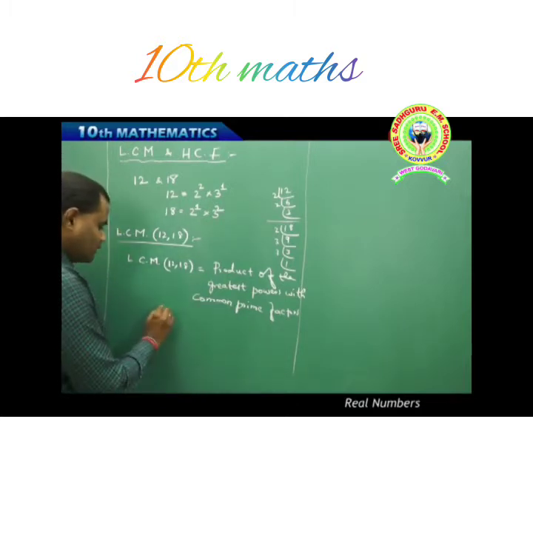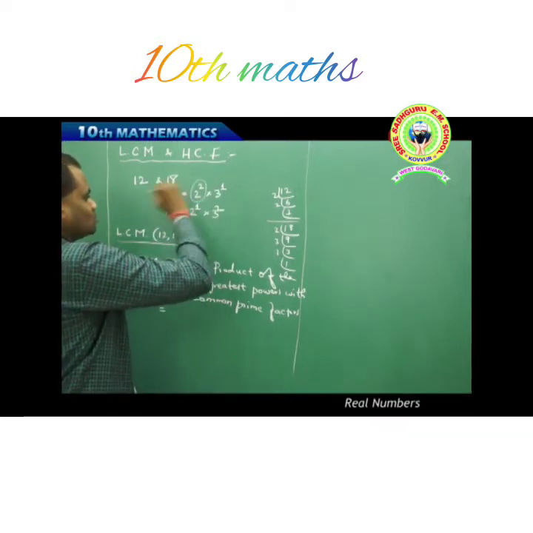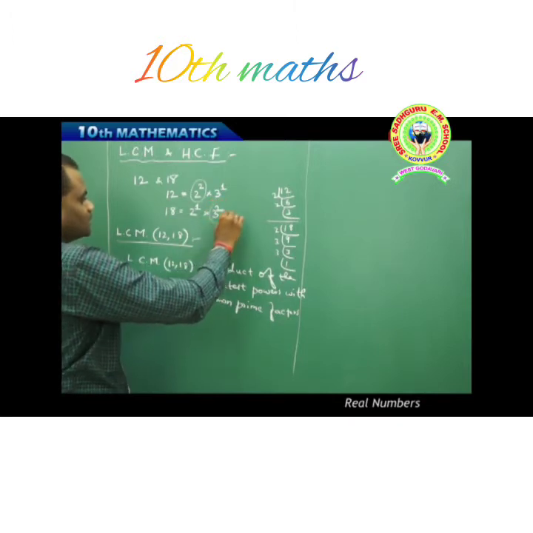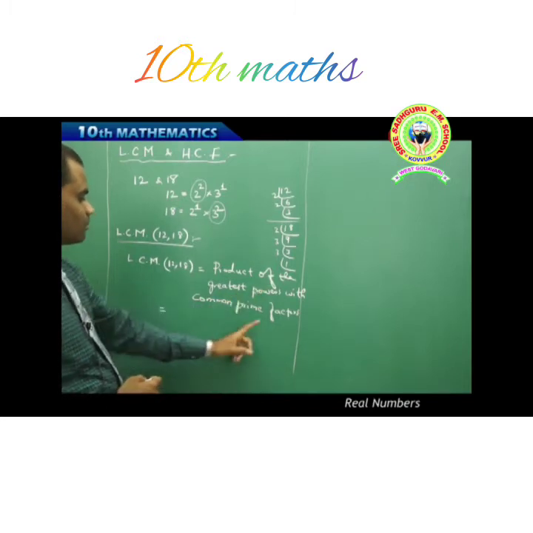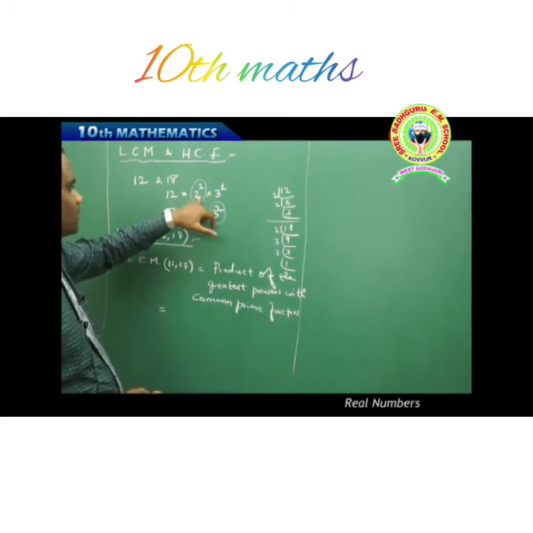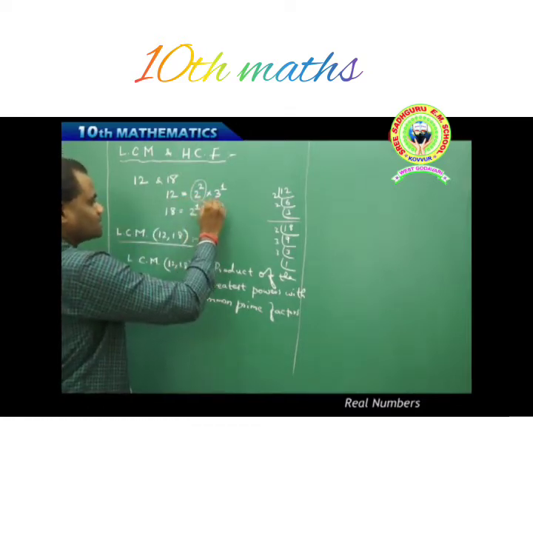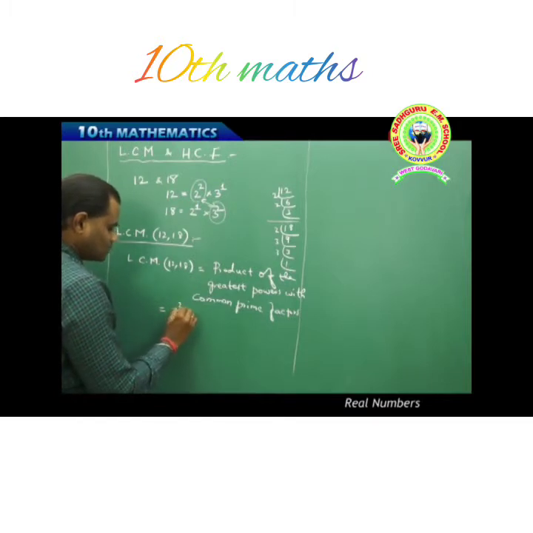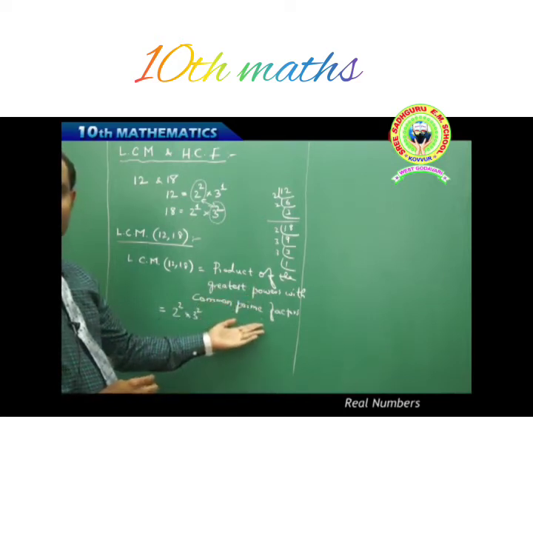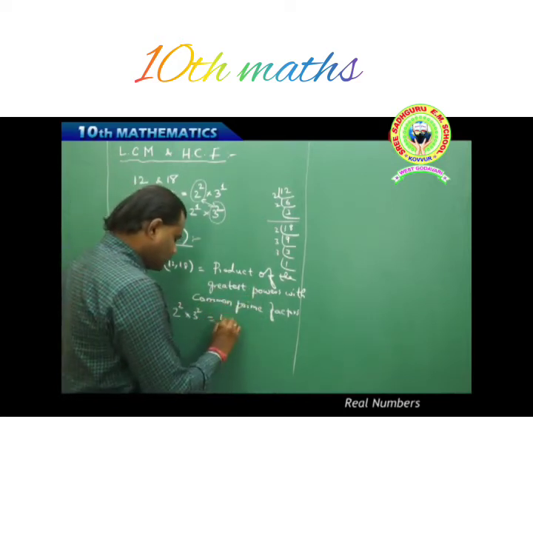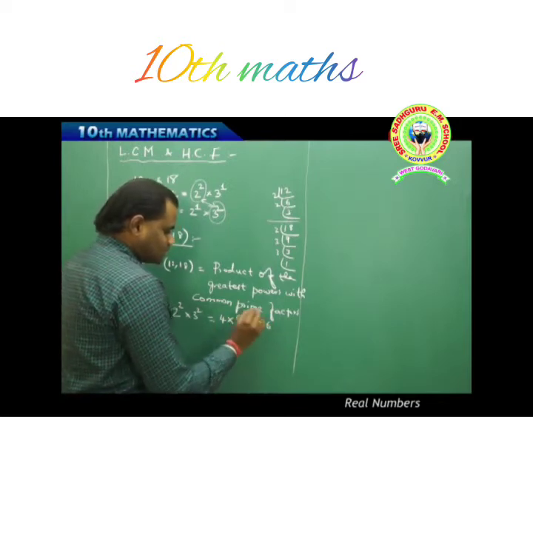In this case of 12 and 18, I identify that the greatest power here is 2 power 2 and the greatest power here is 3 power 2. Therefore, the product of the greatest powers with common prime factors: I find the common prime factors 2 squared and 3 squared, which I multiply as 2 squared times 3 squared. 2 squared is 4, and 3 squared is 9. 4 times 9 is 36.